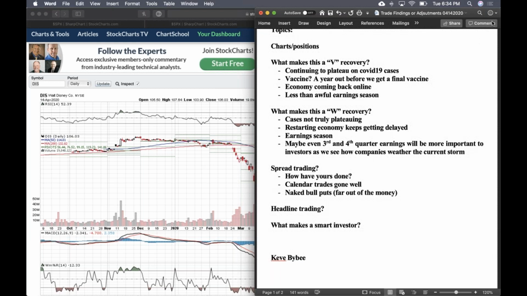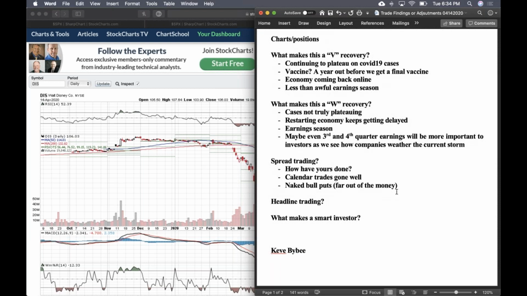Now, any that went awful. Because if you haven't had any and you've tried to do some spreads, you are the exception. And I hope that's the case, because that's a great thing.